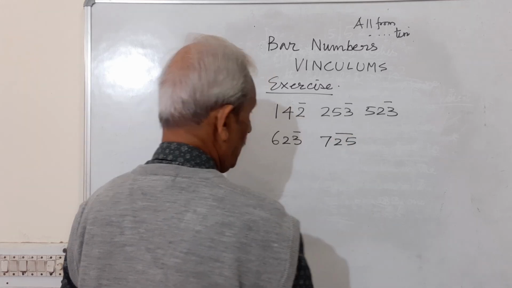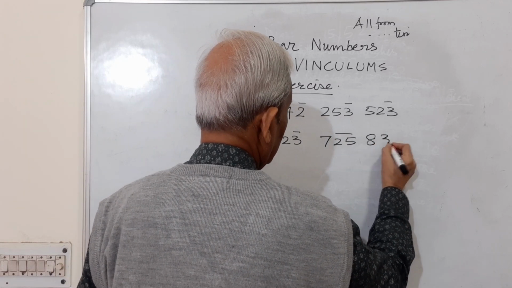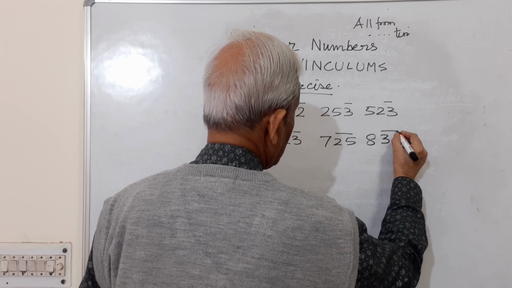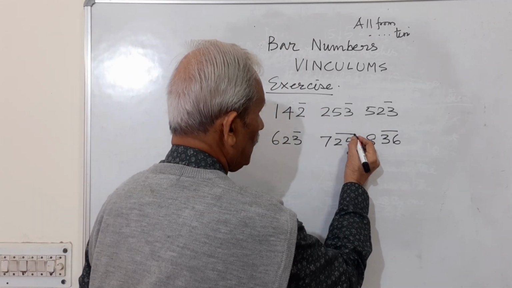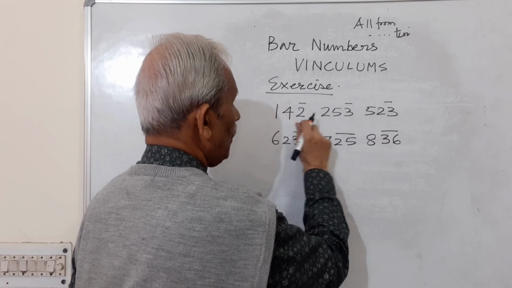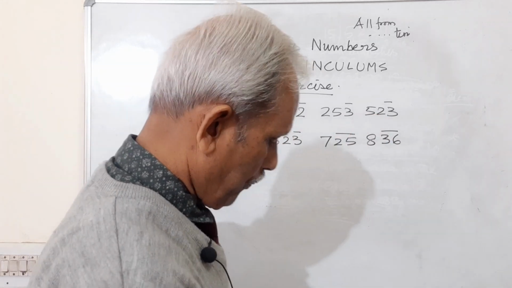Here both the numbers are barred in 725 and 836, both the numbers, right? These are on both, but the others are all single bars. Just to practice yourself, right?